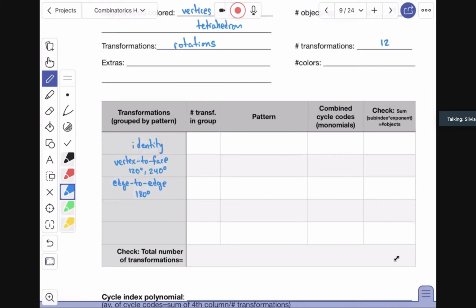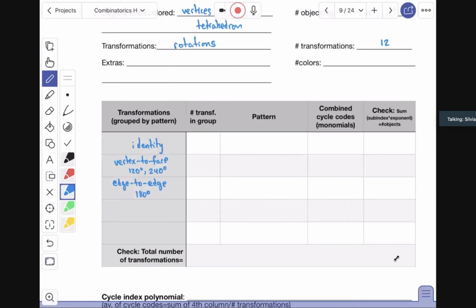Or, let's do it like this. So one of my edges on the table, and then I have the top edge, that's right here, horizontal, parallel to the table. And then I have the rotation where this edge kind of rotates 180 degrees. So you can do that. See? So that's the rotation I'm talking about.